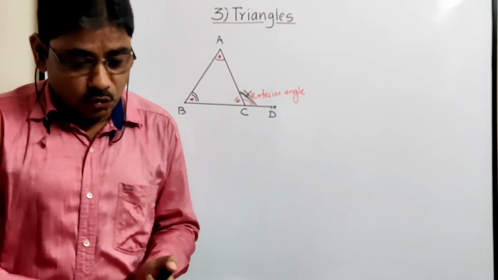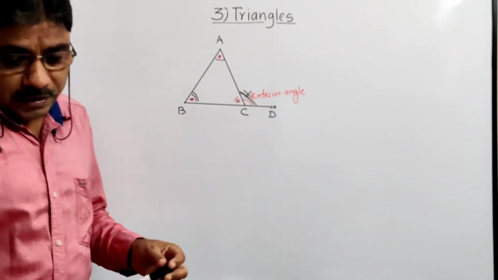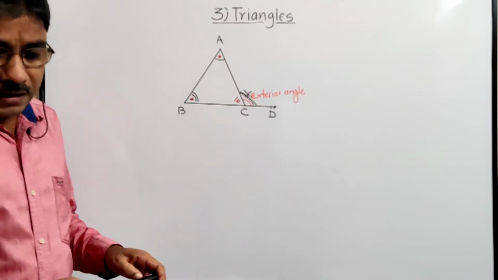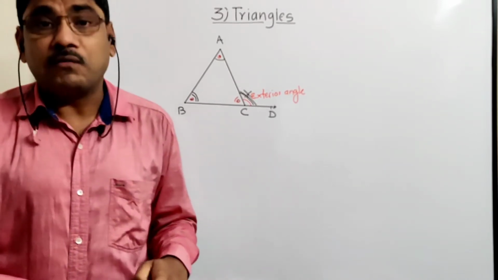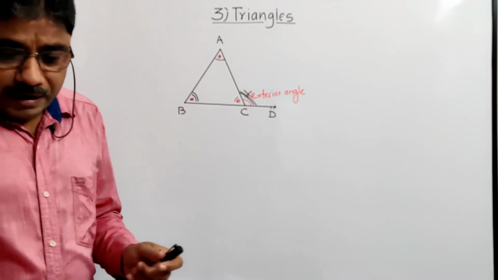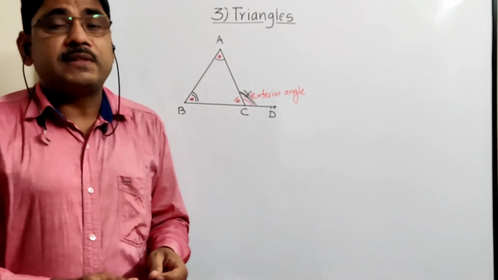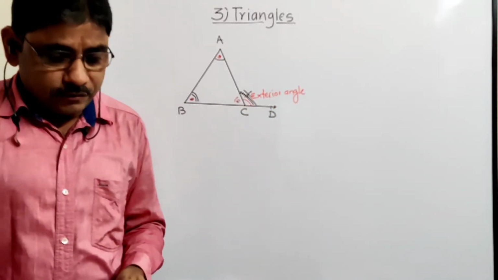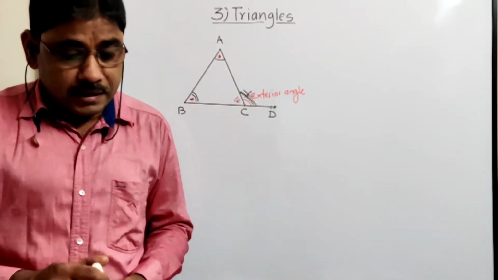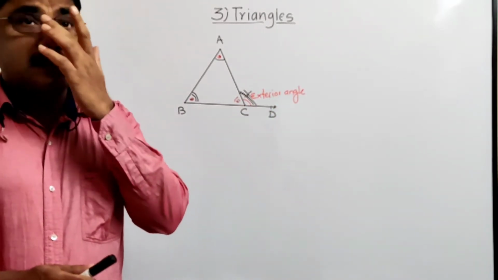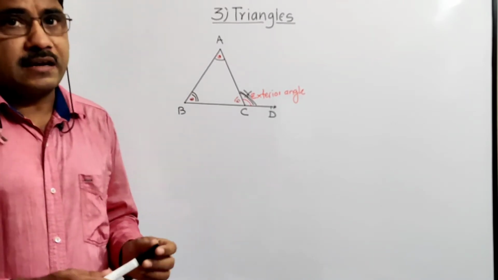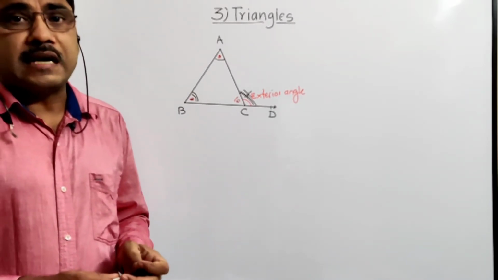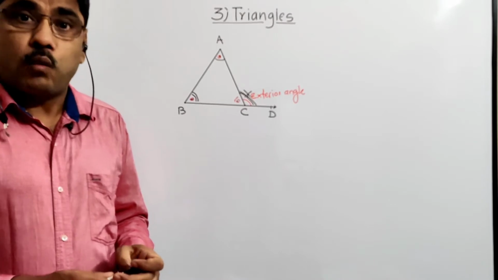That theorem is known as theorem of remote interior angles or remote interior angle theorem of a triangle. And one more property is there, property of that exterior angle. This exterior angle has one property that we have to study, and then depending upon these two, practice set 3.1 is there. Today we are going to study that practice set 3.1.